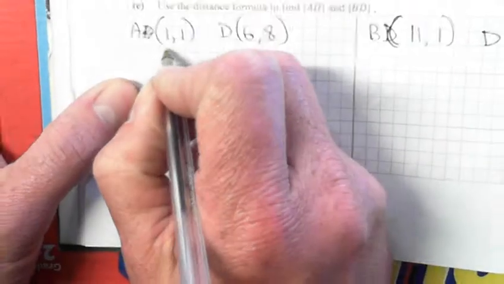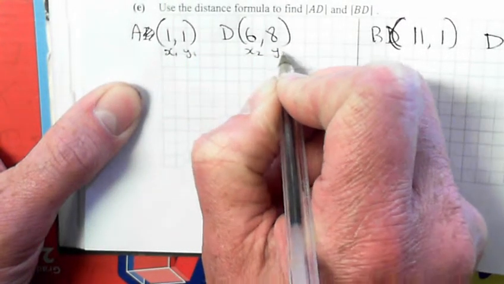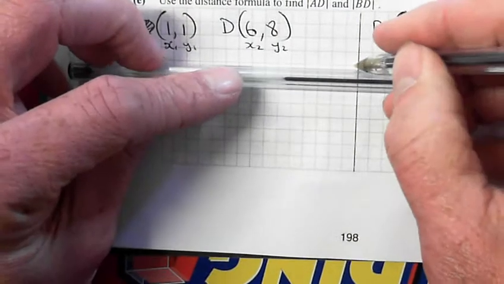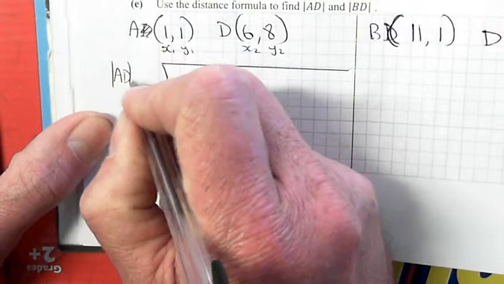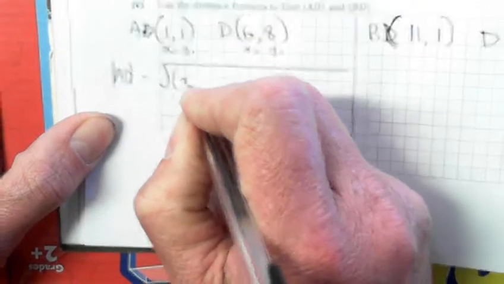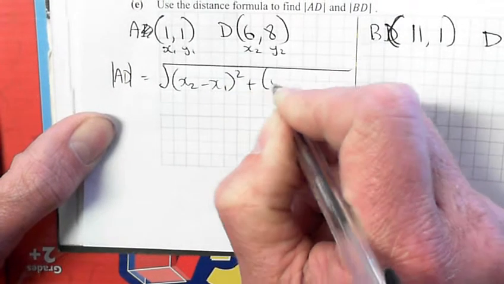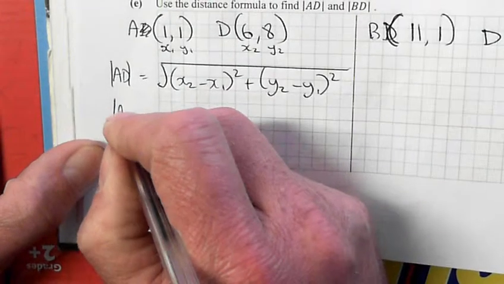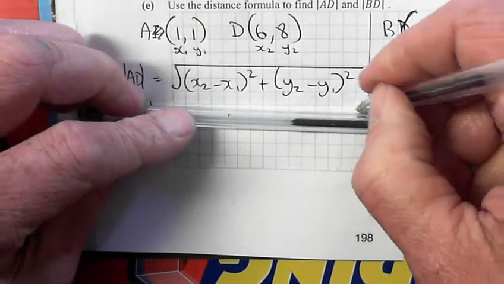So first of all you mark it x1, y1, x2, y2. Write down your formula, x2 minus x1 squared plus y2 minus y1 squared. And you fill in all the values as you go along.